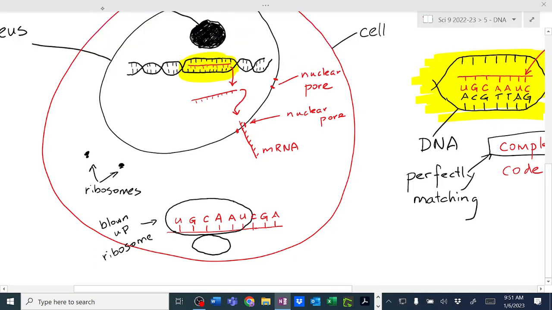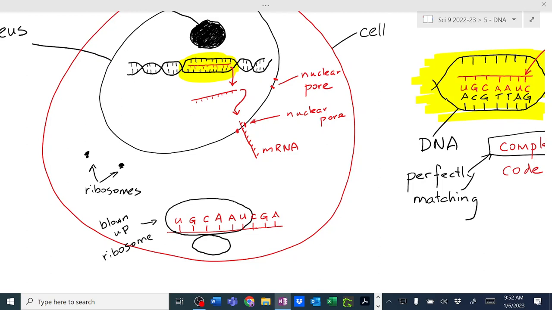Now, who comes in to that big blown up ribosome and what does it bring? The tRNA comes in, and I'm going to just draw the anticodon, okay? How many letters is a codon and how many letters is an anticodon? 3 letters, okay?